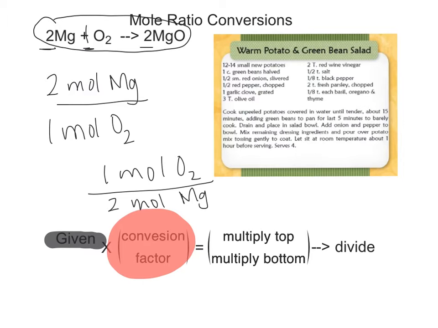We're also going to be using our grams to mole conversion, and we'll get to that more later in the next examples. So remember, the next process is that you multiply the top and you multiply the bottom, and your last step is to divide to get your answer. So let's go ahead and work some examples so that we can get some practice here.